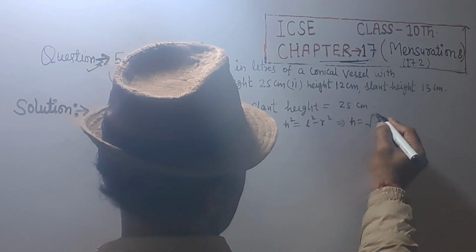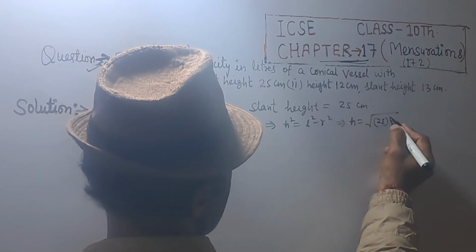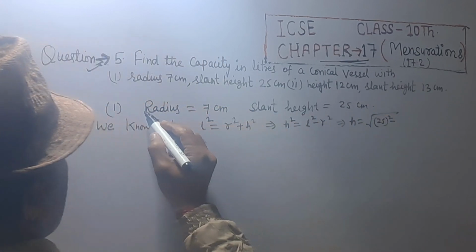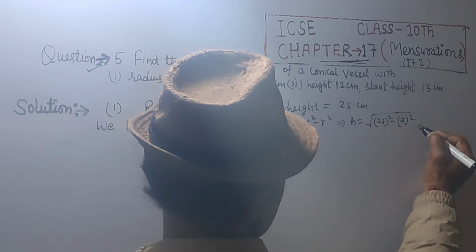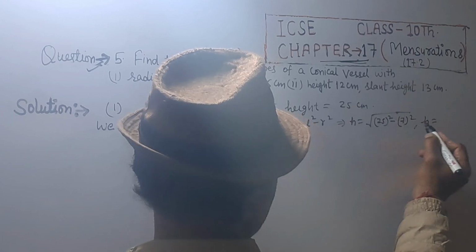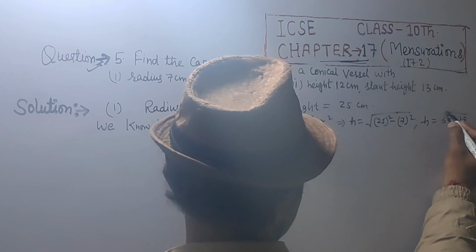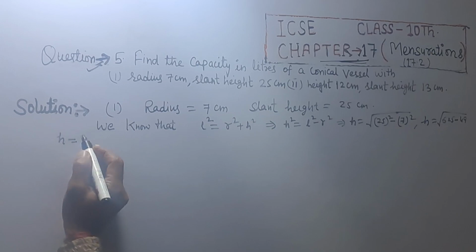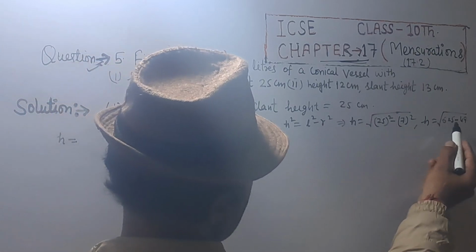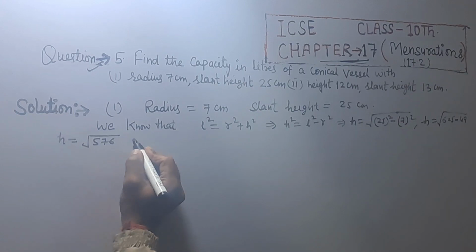H is equal to under root of L, the slant height, 25 square, minus radius 7 square. So H is equal to 625 minus 49, that is under root of 576.